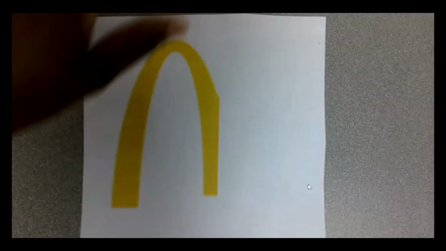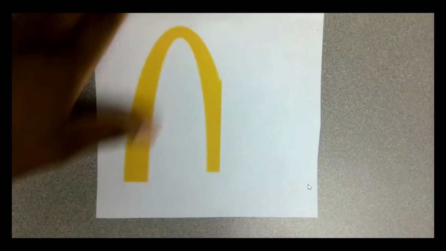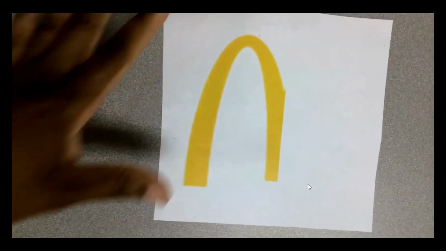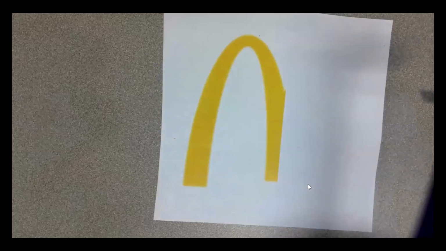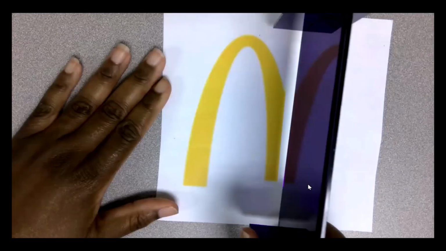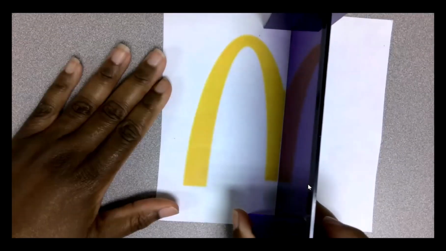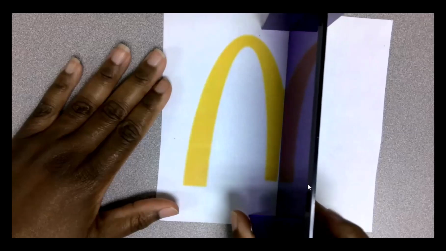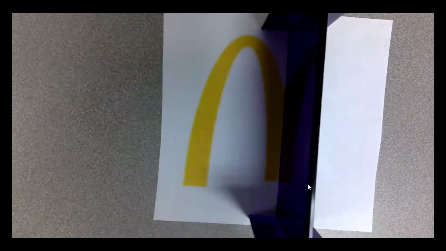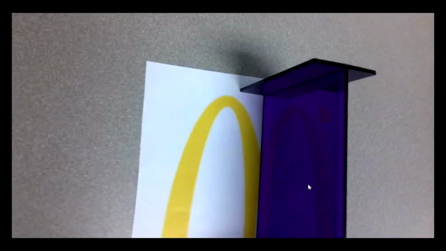So I'm just going to show one arch like that. And then I'm going to put my mirror or my geomirror in right on that line. And I'm going to attempt to switch my camera so you can see.